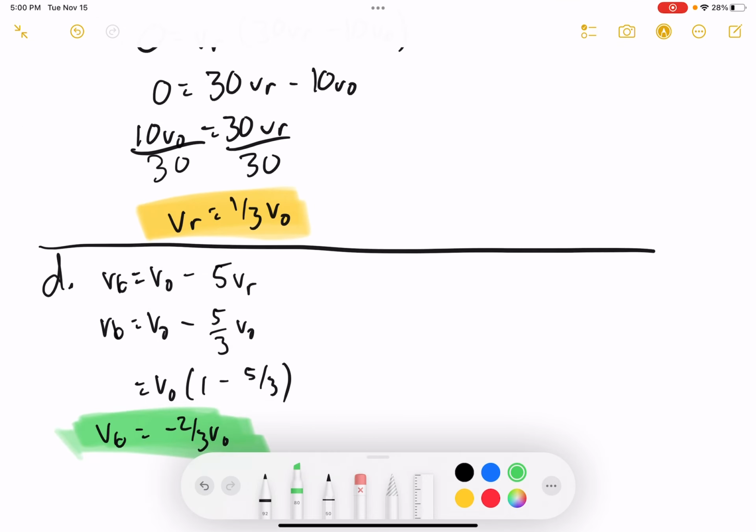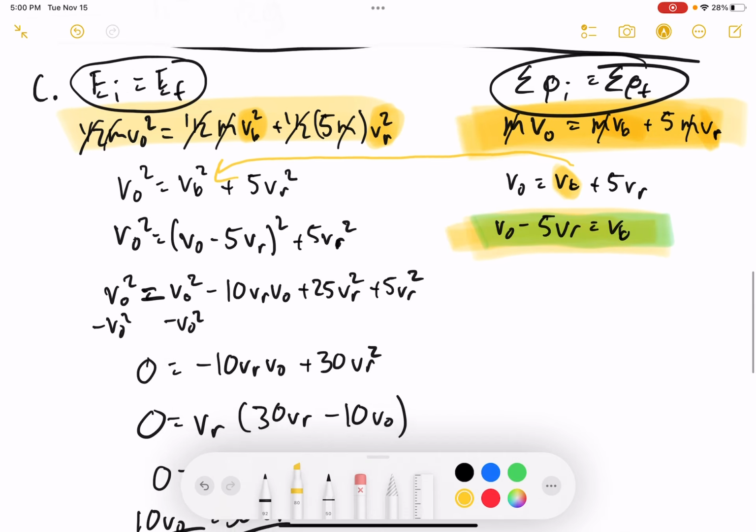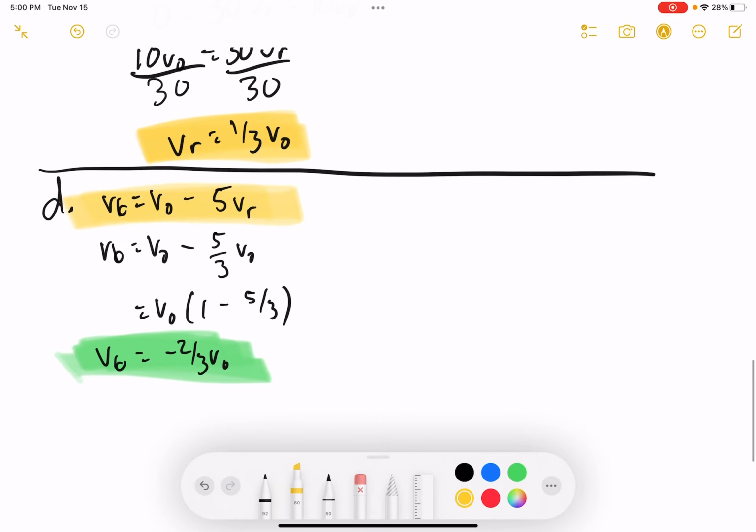I would also say that if you were able to set up maybe just this momentum part, and you weren't able to finish out C, D would be a good one where you could just take that equation and then substitute in some value for VR, the velocity of the ramp, so that you can get a point for D. The points for D will probably be in using conservation of momentum and then plugging in from part C. So even if you're plugging in the wrong number, you're able to still get some of those points.